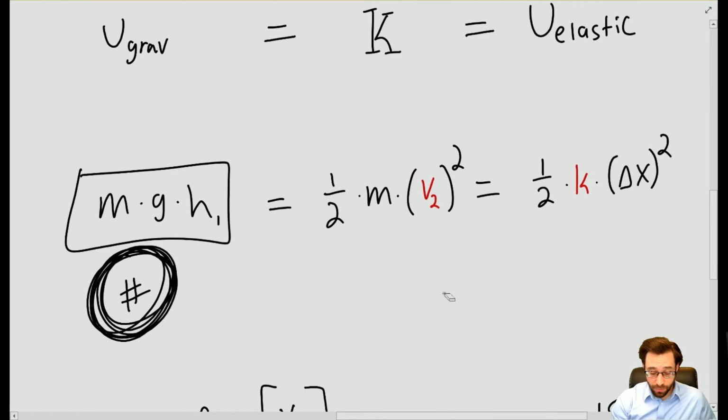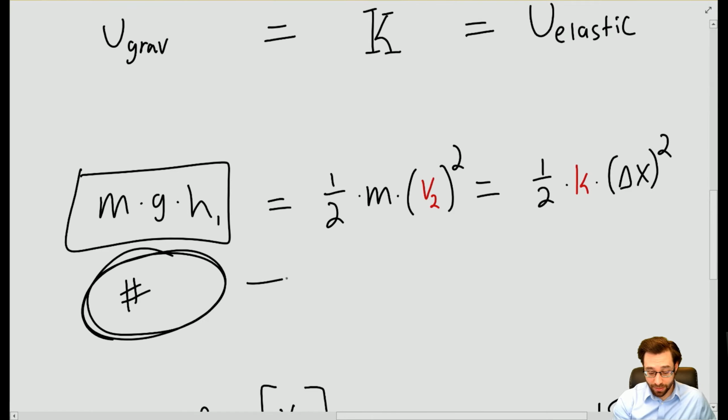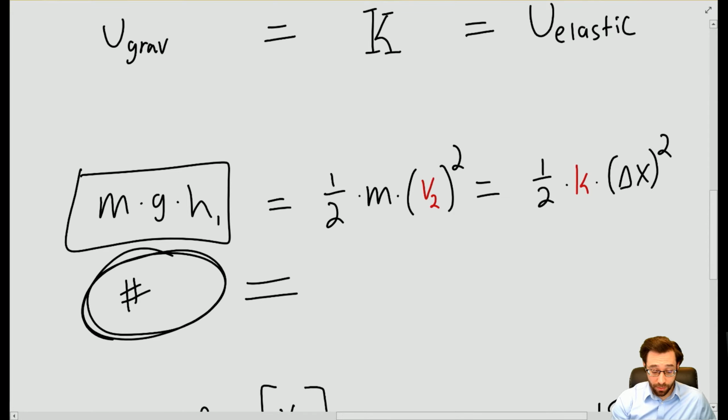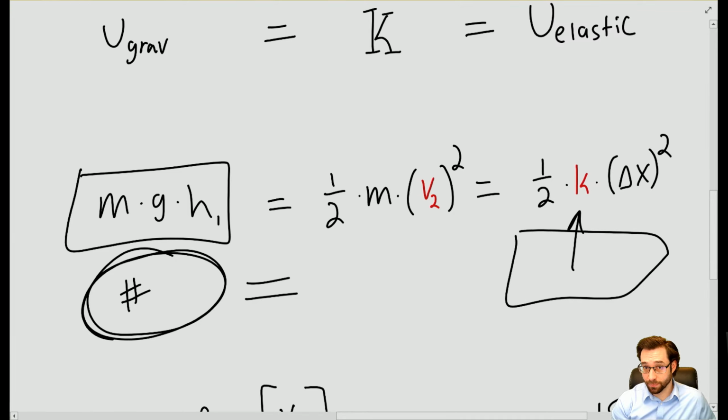So what we can do is take this side that I can solve for, set it equal to this side, and then solve for that one unknown. That would be solving for V2. And then I can set it equal to this one, and solve for that.